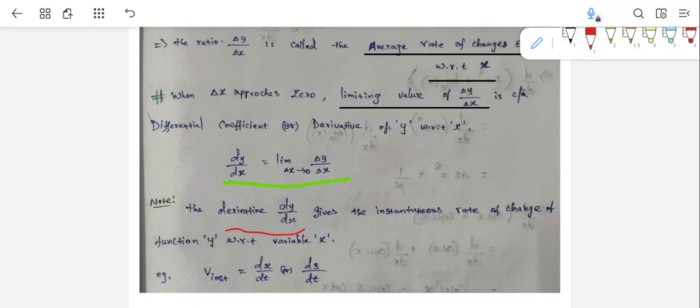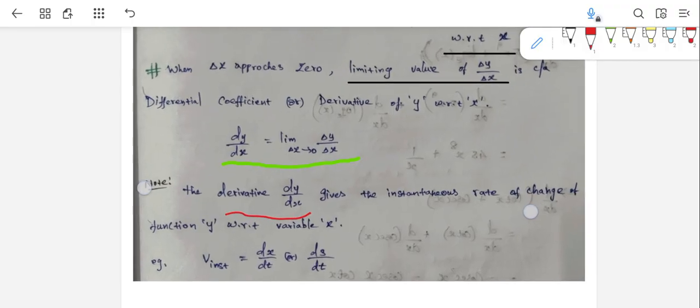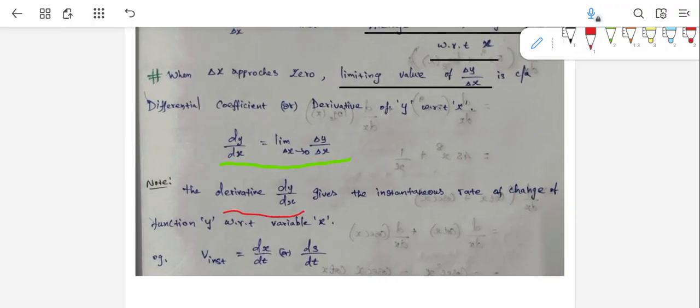So this is the main use in physics: to find the instantaneous rate of change in most of the cases. For example, I have written here instantaneous velocity. Instantaneous velocity means the velocity at a particular point, say at 10 seconds.